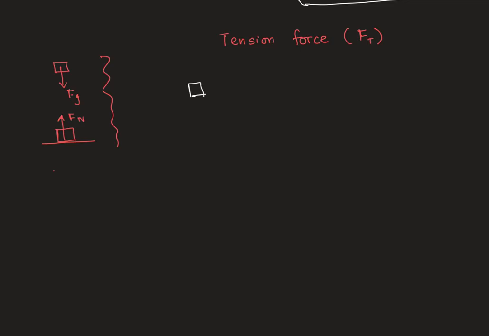Now if there is a block, let's say, and we are applying a force using a stretched string. It can be a rope, but stretched, or it can even be a string, but it still has to be a stretched string.